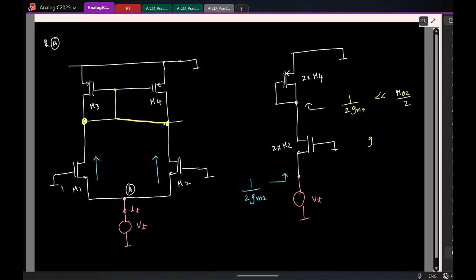Typically GM times R0 is much greater than 1, so even between multiple transistors we can generally make this statement that 1 by Gm of some transistor can be ignored compared to R naught of another transistor. It's a reasonable assumption to make in practice. So which means the resistance looking into the node A is approximately 1 by 2 Gm2.